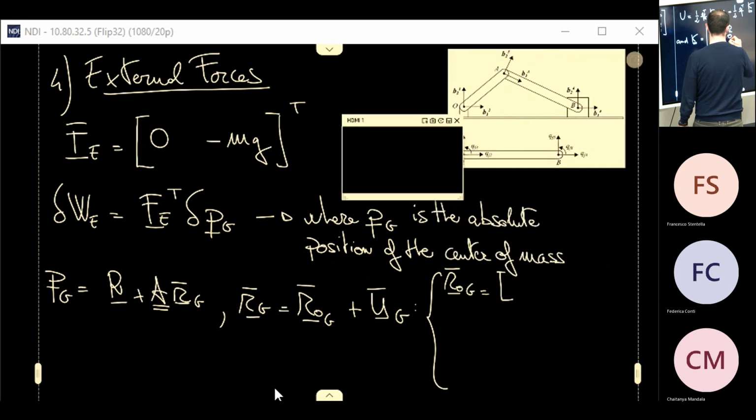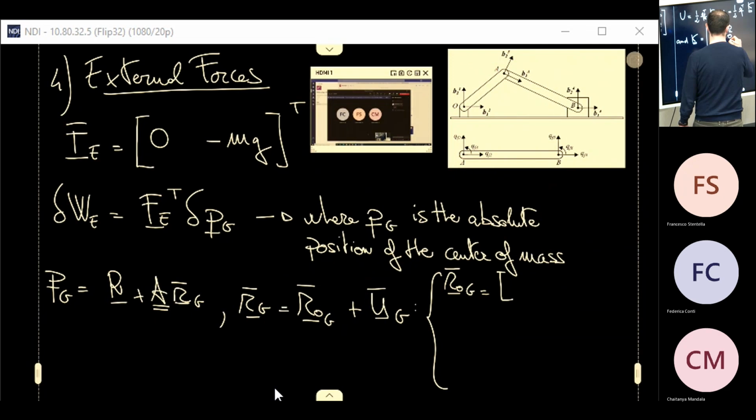So you see, the local frame for the body number 3, which is this one, just for the sake of clarity, lies in point A. So what are the coordinates of point G? Imagining, of course, again, that the body has a constant cross-section, is homogeneous, so constant density. It is in the middle, no?